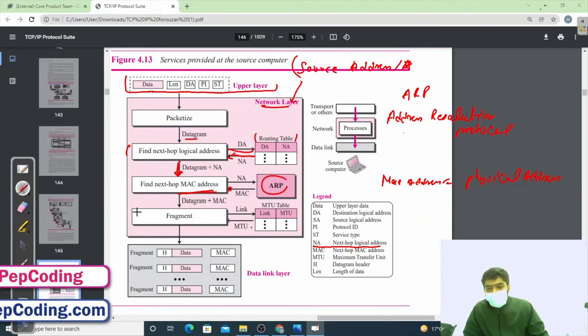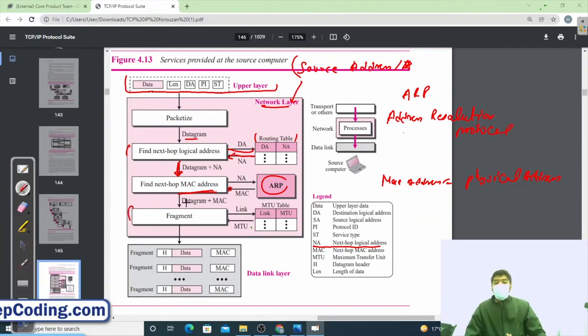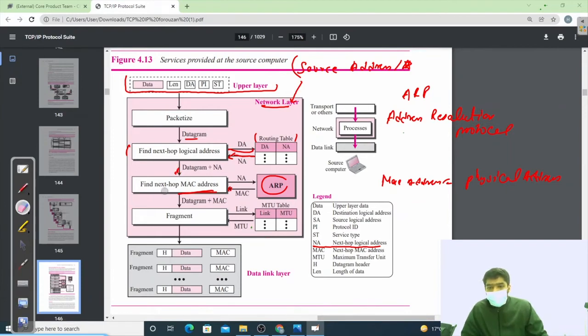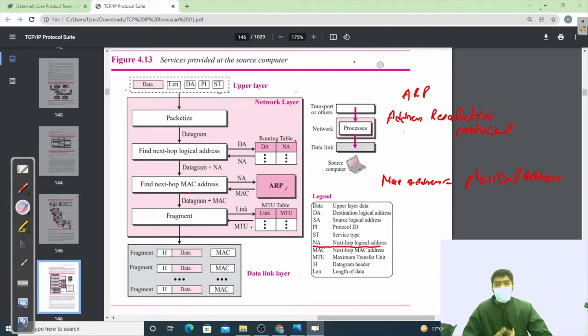Now fragmentation. Why do we do fragmentation? It is done to avoid the limit. There is a limit to the data that can be sent to a router, and each router has a different limit, as we know. We do not want to overcross that limit, so we fragment the data and divide it into smaller parts.